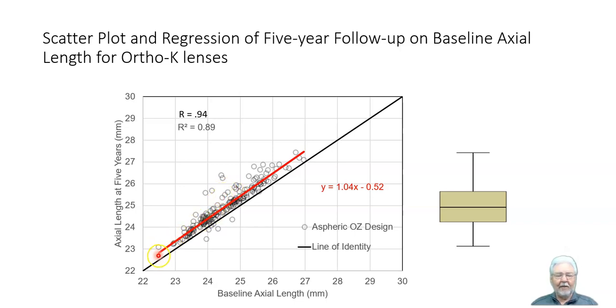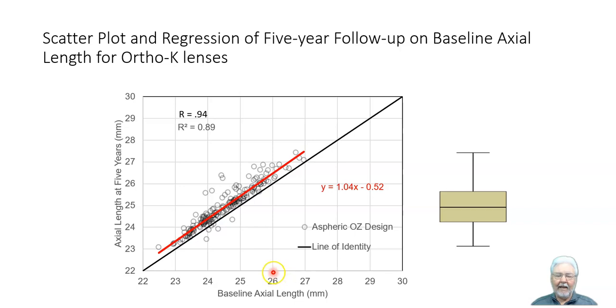Now, regression formalizes the relationship into a formula with this straight line. In this case, y, which is the 5-year axial length, equals bx plus a, where b is the slope, 1.04, times x, and a is minus 0.52. And so the idea is to be able to predict from baseline.